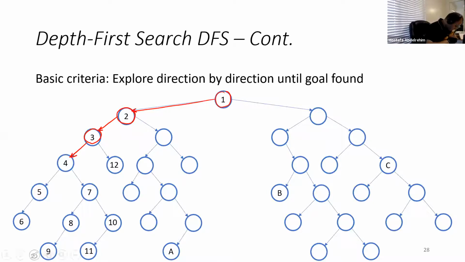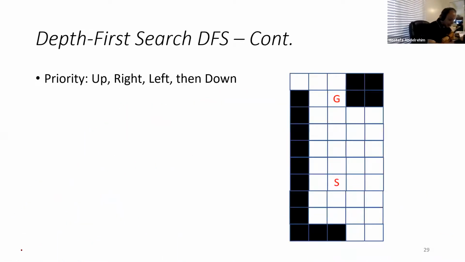So let's do the same again. I'll just recap very quickly here. From the start, we want to go to this goal. This is our priority: up, right, left, and down. So we go up, we land here. We forget about the start and we start from the node that we just reached. So we go up from here, and this is a free cell. Then we forget one and start from 2, 3, 4, 5.